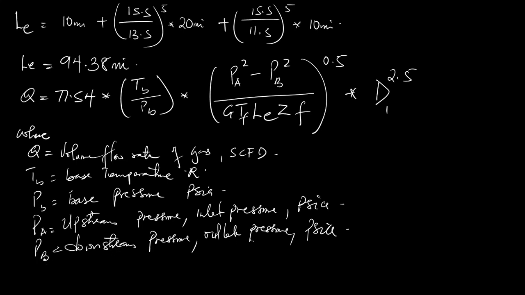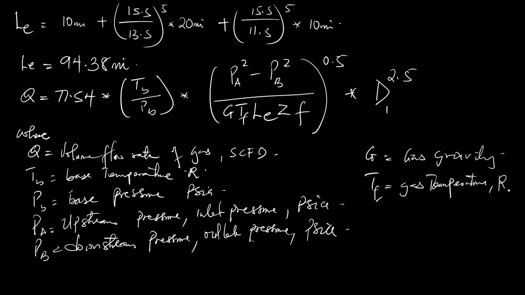So now you have the G, which is the gas gravity. It's dimensionless. You also have the gas temperature, the temperature of the fluid, so it's in Rankine.